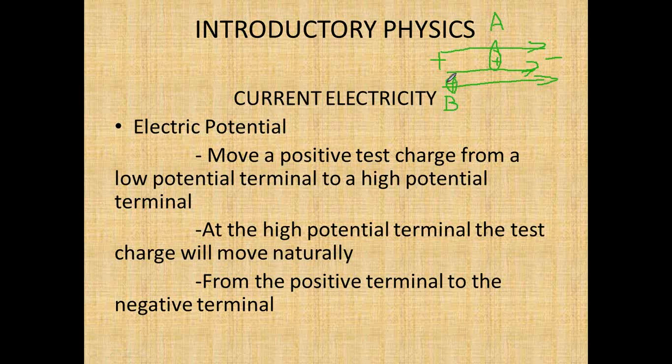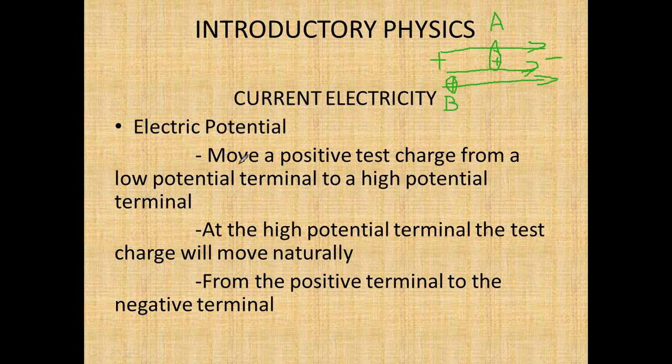But once you do that work, you don't have to do anything. The natural thing at position B is for your positive test charge to be repelled. And once it is repelled, it's going to move towards your negative charge. Okay?